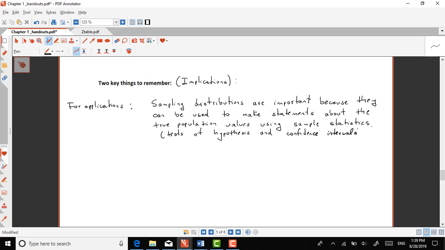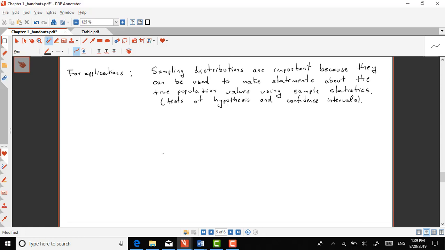Okay, so the implications of the sampling distributions for applications are important, and there are also some theoretical reasons behind it. In a specific context, I'm going to be talking about two things, but let's write it down.